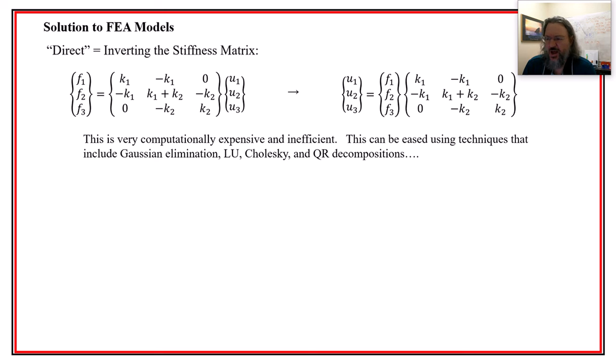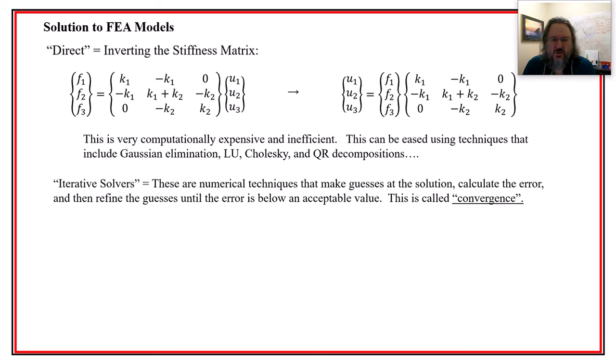A lot of times it's about trying to do the inversion, but a lot of the solvers take a less direct route. Instead of trying to hardcore invert that matrix or use some scheme on inverting the matrix, they'll do a numerical technique to make an estimate, and then they have an error.